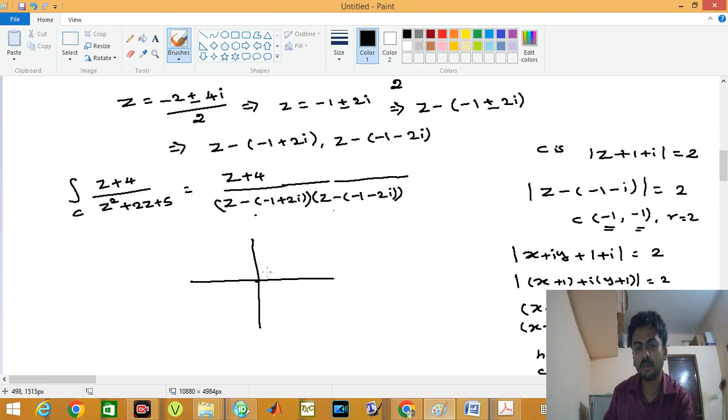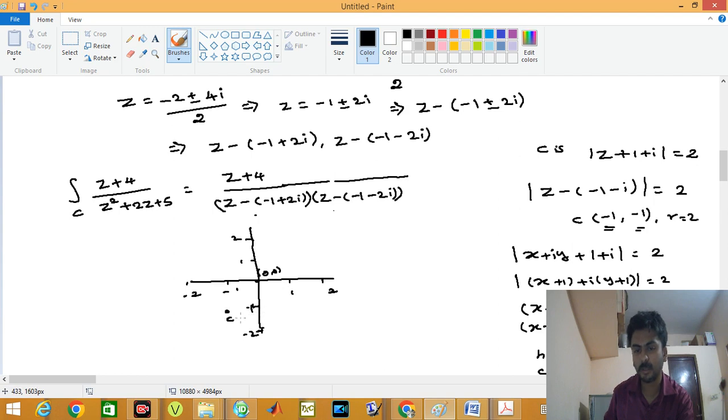I shall first mark the points: 0 comma 0, then 1, 2, minus 1, minus 2 on the real axis, and 1, 2, minus 1, minus 2 on the imaginary axis. Now the center is minus 1 comma minus 1.